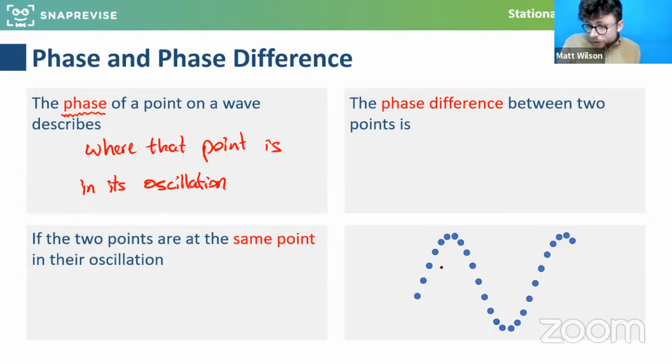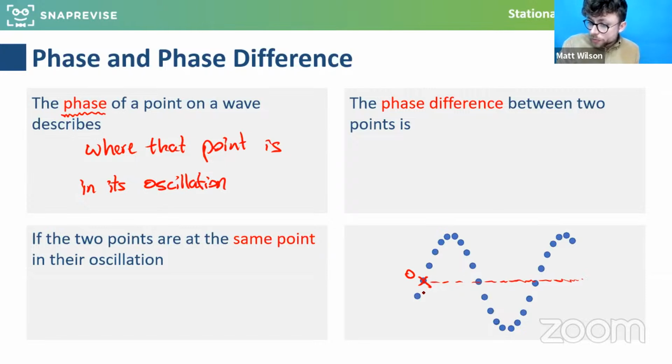Okay, so usually a point which is right at the start of its oscillation, like the one I've crossed out there, we'll usually call that being at a phase of 0. And we're going to measure phase in general either using radians or degrees. We'll come back to that in a second. But first of all, let's settle some other language.